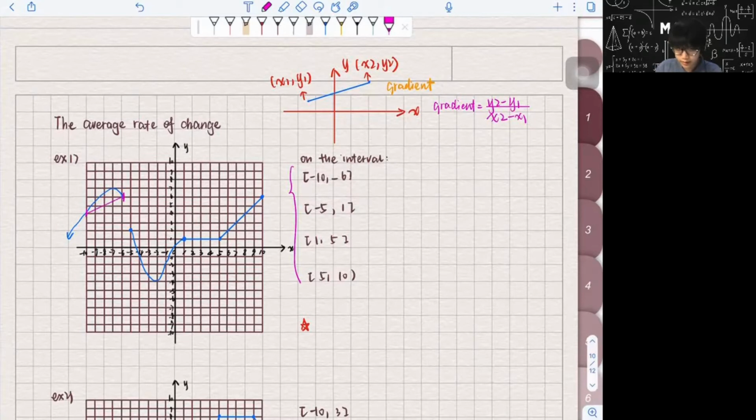First, we can know that the average rate of change here is positive. And this point has a coordinate -10 and 4. And this point is -6 and 6.